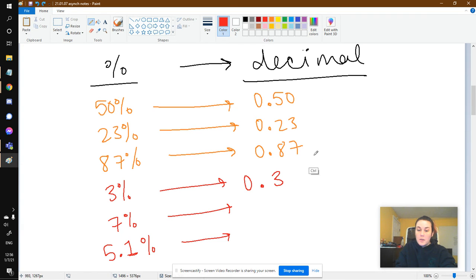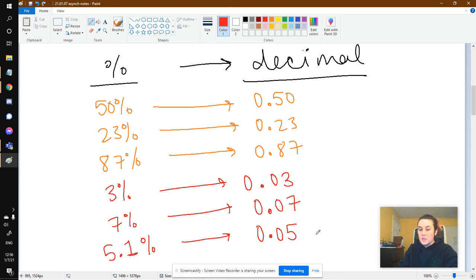What we want to write is 0.03 for 3 hundredths, 3%. So 7% would be 0.07, right? And then the one that's wacky is 5.1%. 5% would have been 0.05, and we add a 1 on the back. So 0.051 is the same as 5.1%.